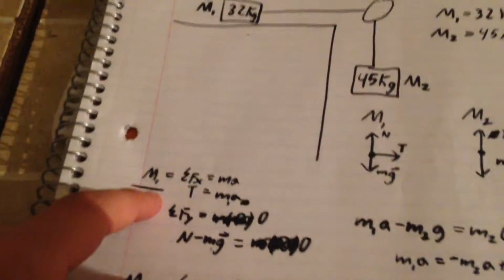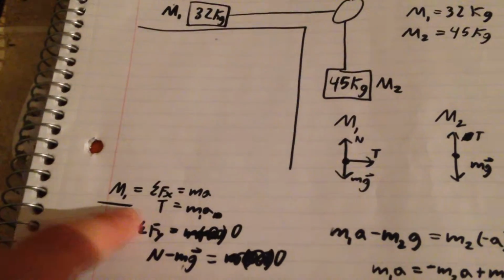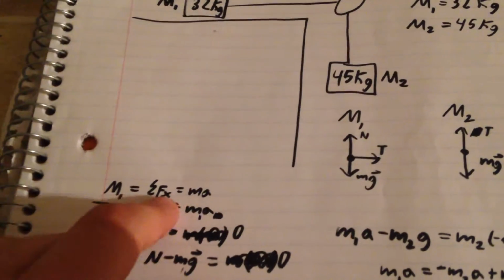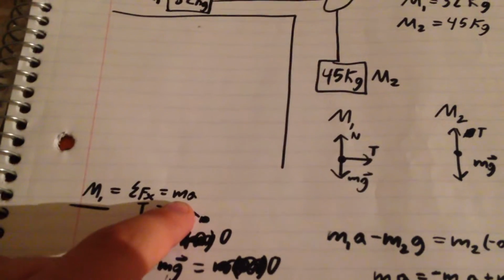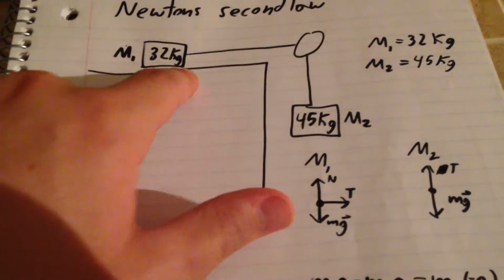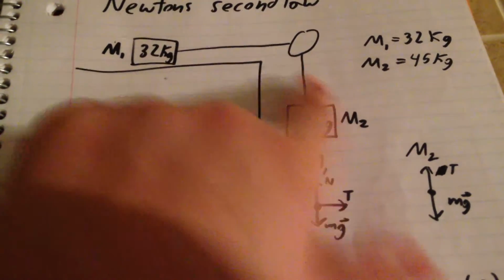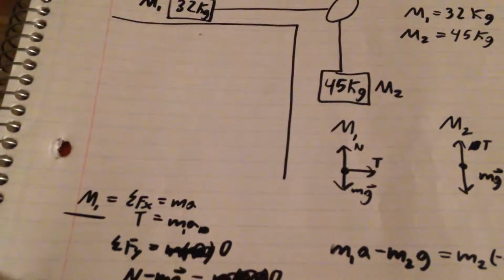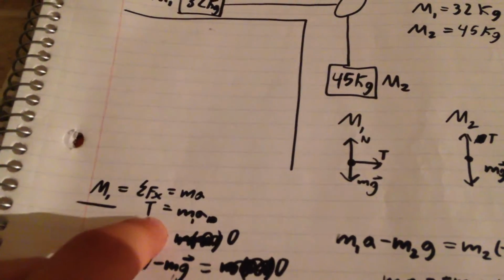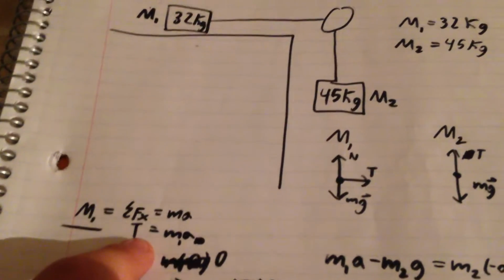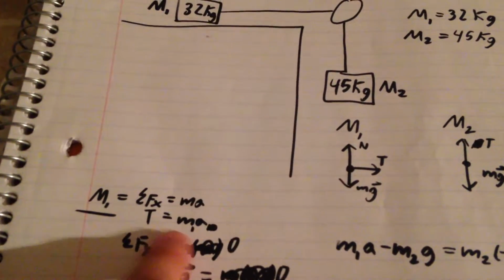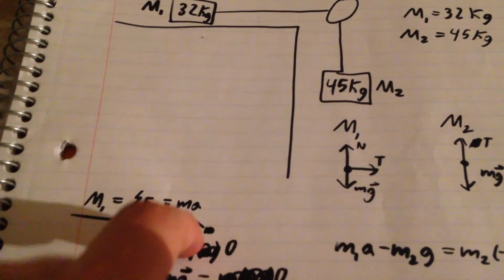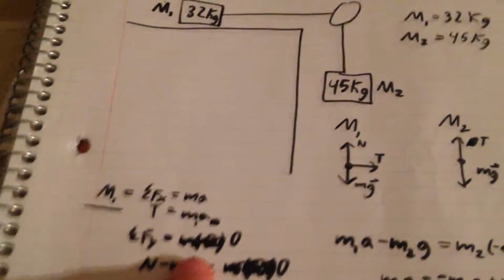Start with M1. So we have the sum of forces in X equal to the mass times acceleration, because it's accelerating in the positive X direction. Your forces in the X direction are just tension, because it's the only one going in the X direction, equals mass 1 times acceleration.